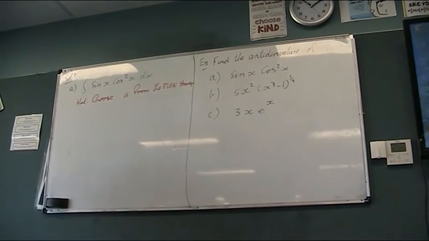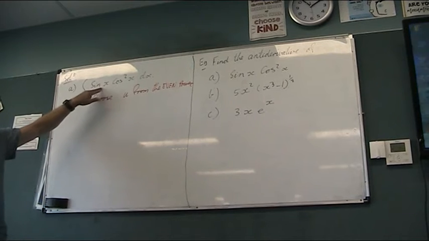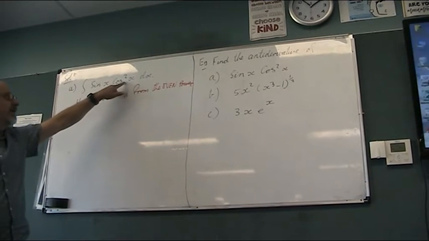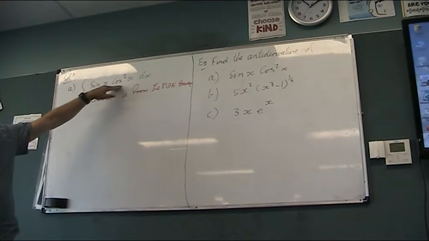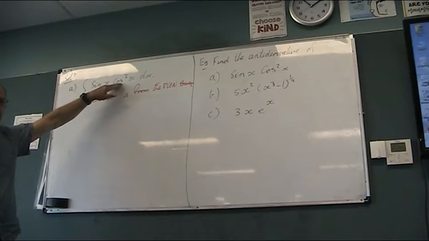So when we look at that, we've got sin x and then cos squared. So sin x is sine to the power of 1, cos x is power of 2. So that's the even power. So we want to choose u to be cos.